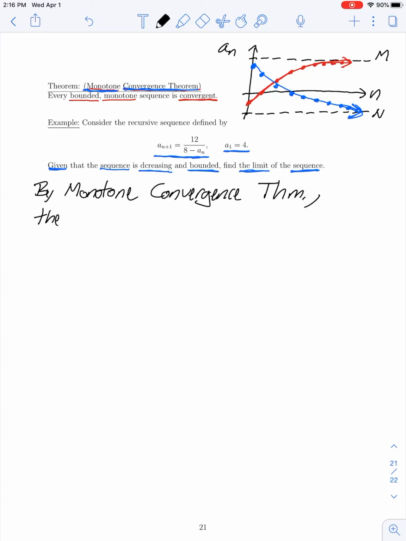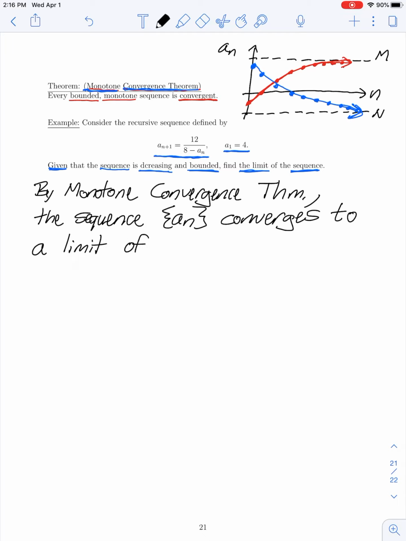So since we are told our sequence is decreasing and bounded, by the Monotone Convergence Theorem, the sequence a_n converges to a limit of, let's call it maybe capital L, for the limiting value of this sequence.